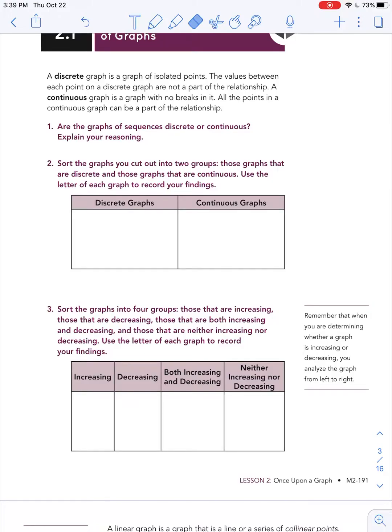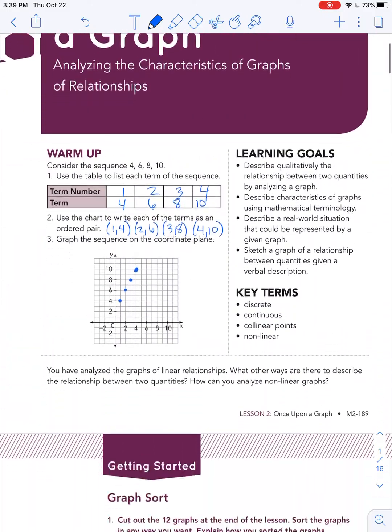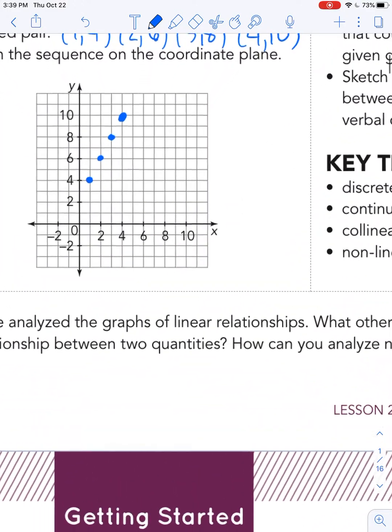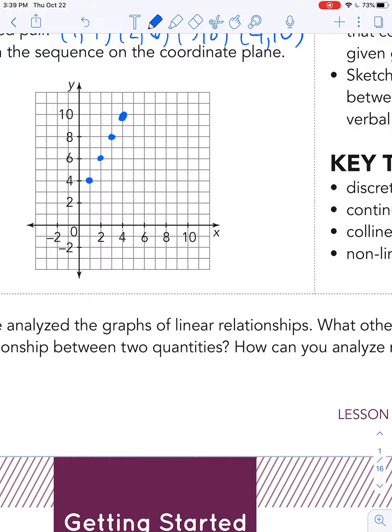Okay, now what it wants you to do: are the graphs of sequences discrete or continuous? So if I looked at our warm-up, because this is a sequence right here, is that discrete or is that continuous?